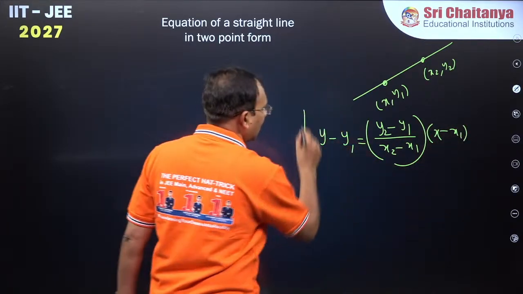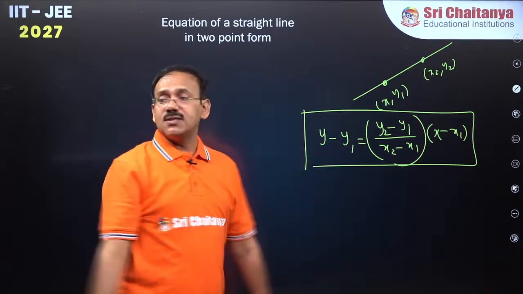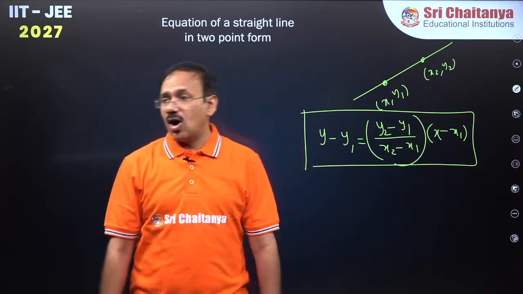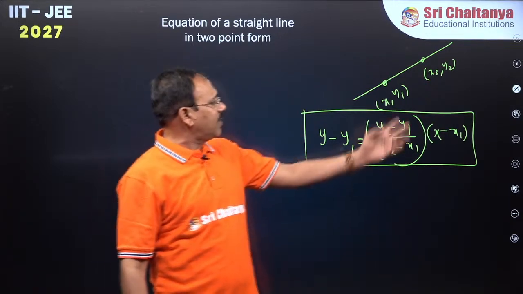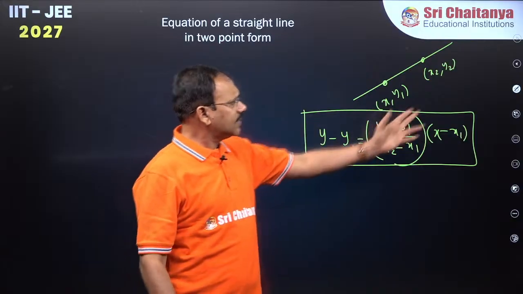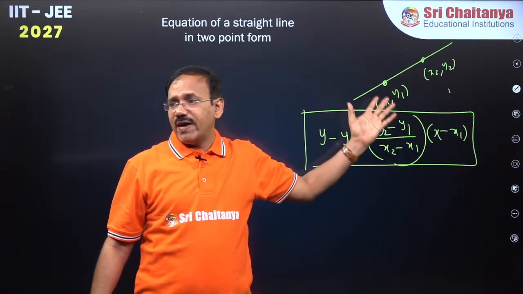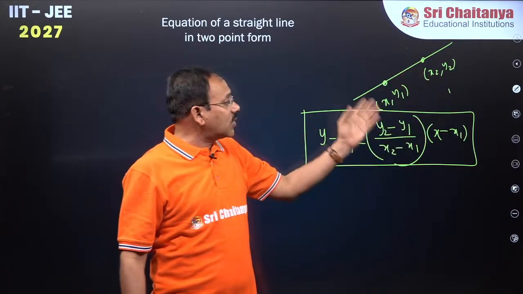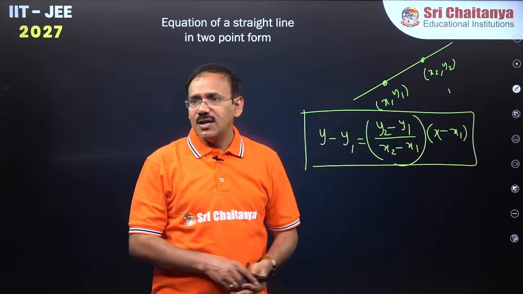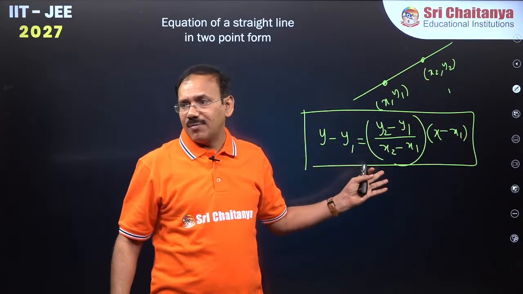This is the general formula, guys. That means if 2 points are given on the line, you can comfortably find the slope first, y2 minus y1 by x2 minus x1, and take one of the points.